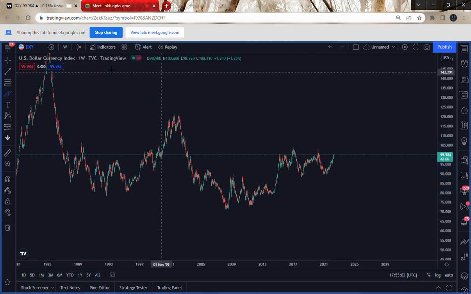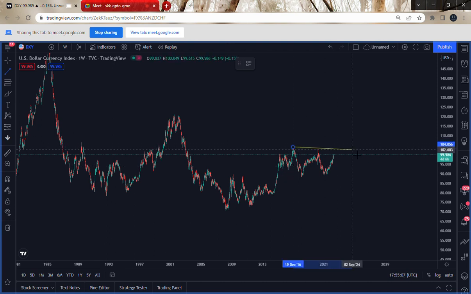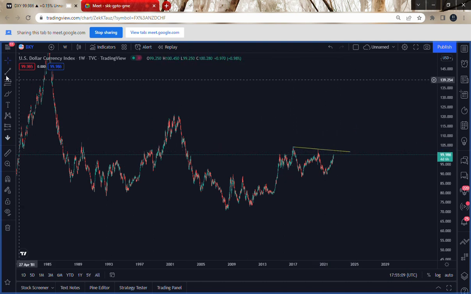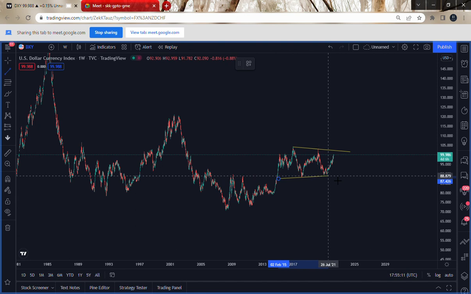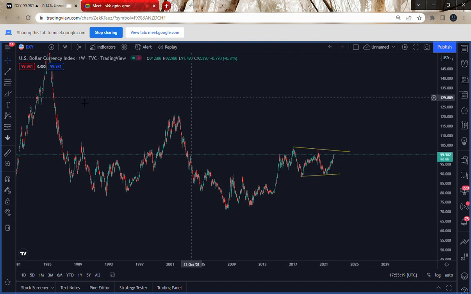So now we're just gonna draw in our correction, as simple as that. So you can already see that we have the impulse, and this looks like a big bear flag.